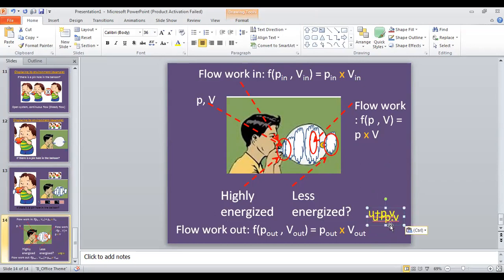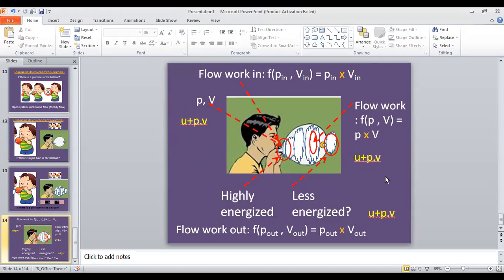So the inlet is also the same, you have certain U and the flow work P. In the middle also, a similar U plus PV is there, because pressure and volume are there wherever. And if there is movement of this flow of air, the PV effect is there. So U plus PV.